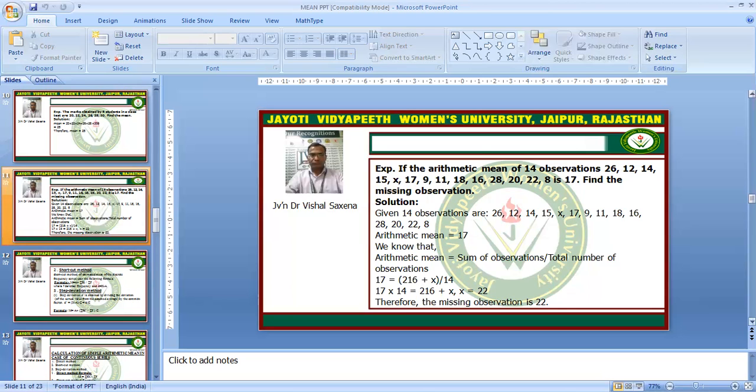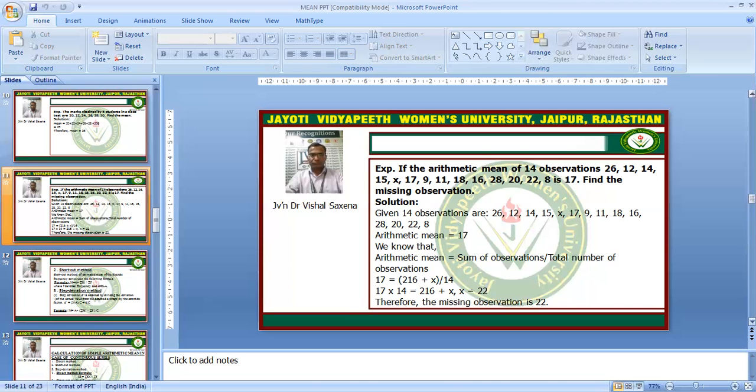If the arithmetic mean of 14 observations, and the observations are given as 26, 12, 14, 15, and the next value is x, where x is an unknown value, then 17, 9, 11, 18, 16, 28, 20, 22, 8 is 17.